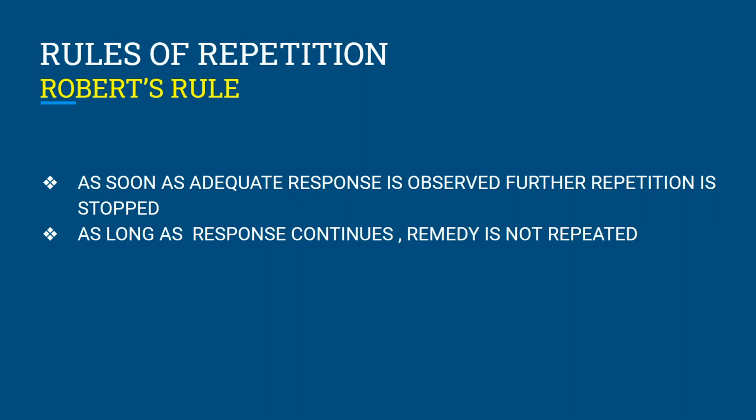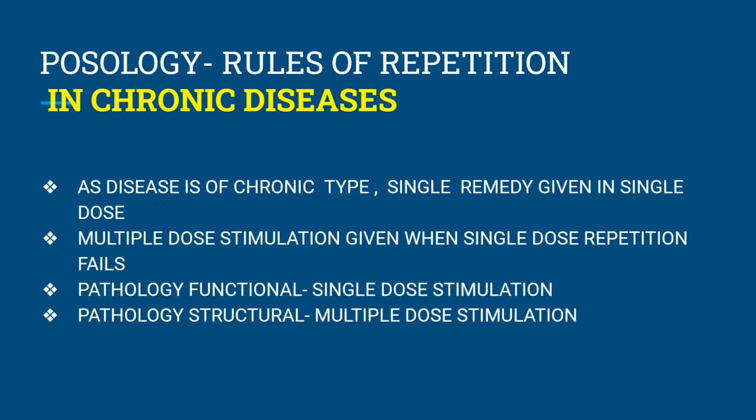What is the Roberts rule of repetition? As soon as adequate response is observed, further repetition is stopped. As long as response continues, remedy is not repeated. So, rules of repetition in chronic disease. As disease is of chronic type, single remedy is given in single dose.